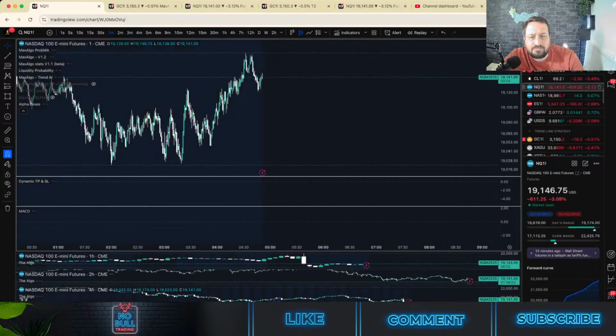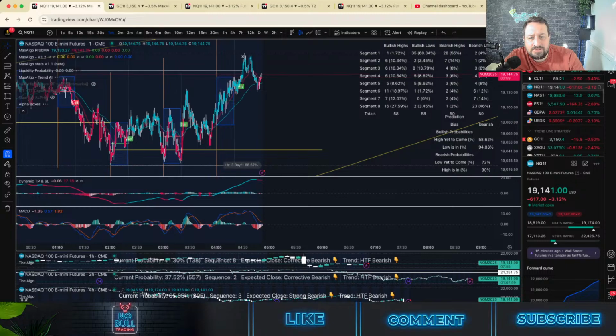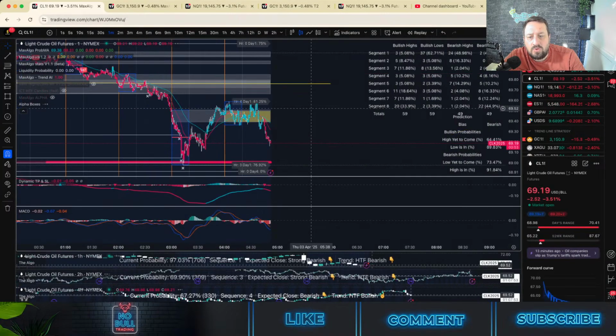NQ, we haven't got the algos aligned. It's not as clean. We'll look at it in the next hour. CL I like more. Euro's on a mission.